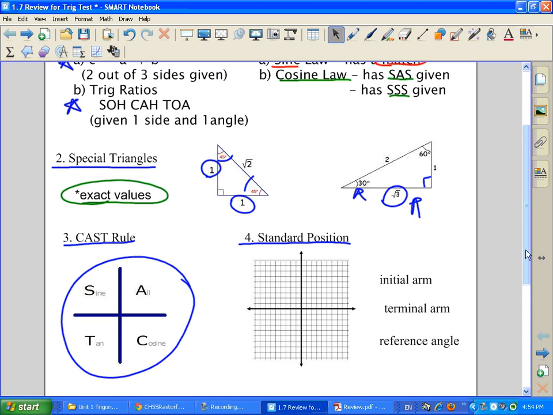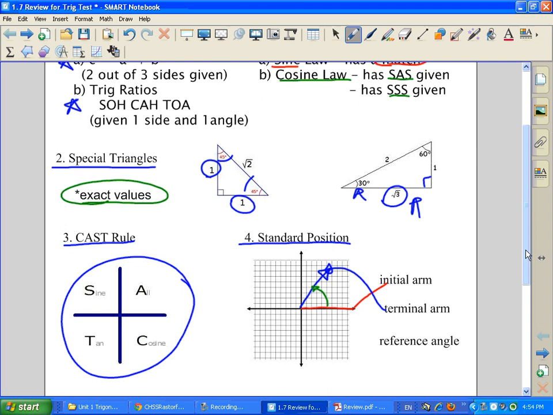Then we have, ladies and gentlemen, standard position. So we learned that the initial arm is right here. The terminal arm is wherever the angle finishes, so that would be your terminal arm. And your angle of reference is the angle from the horizontal to that. Just be careful here, guys. It could also be here.